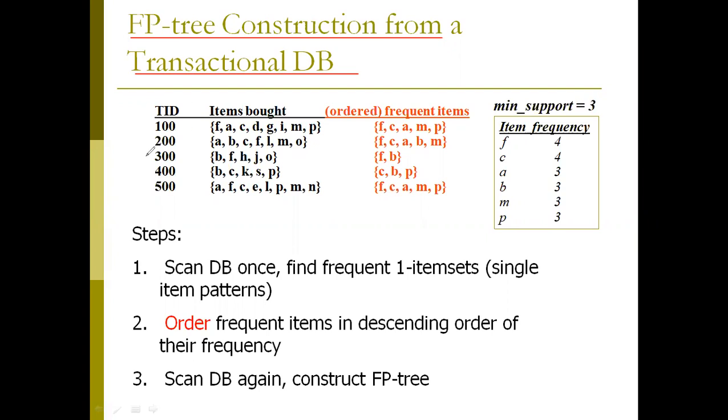So for example, here we have one database. Assume this is a transactional database with the transaction ID numbers as well as the items bought by a customer. One customer with transaction ID 100 purchased the items F, A, C, D, G, I, M, P, and so on.